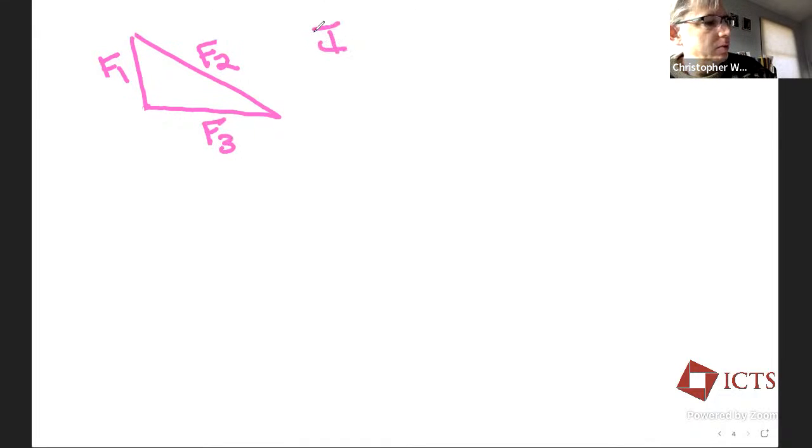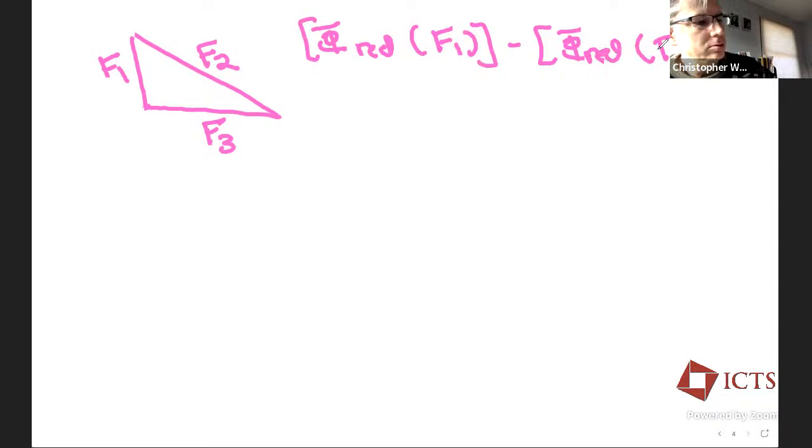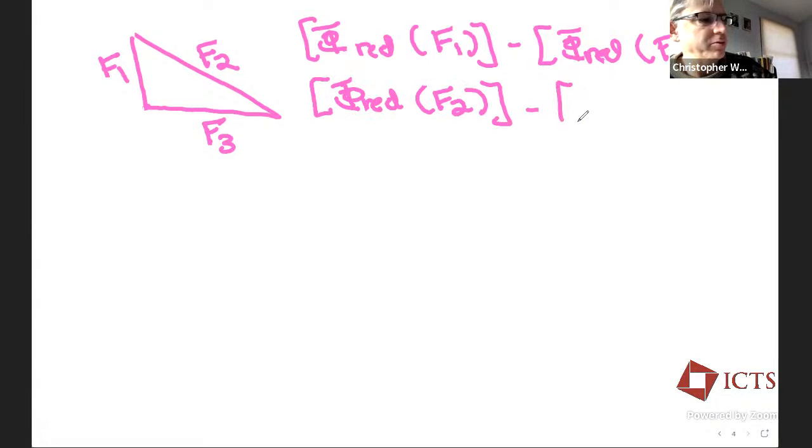So when I take these cohomology classes, I get that F1 minus F2 is 0, and the same thing for F2 and F3.